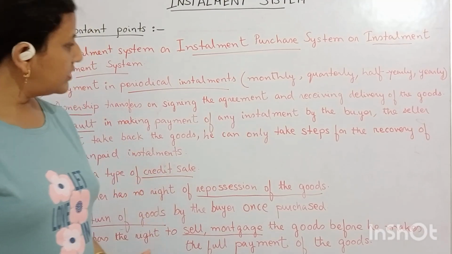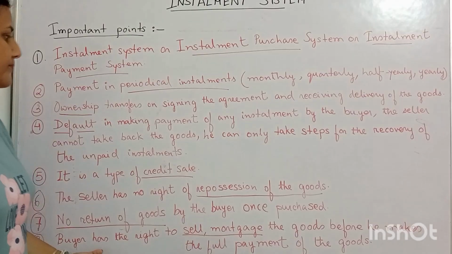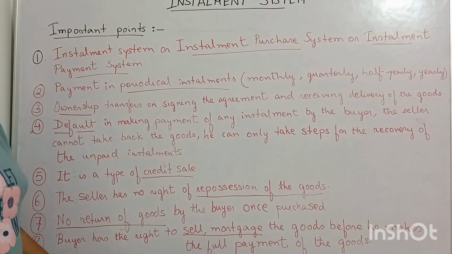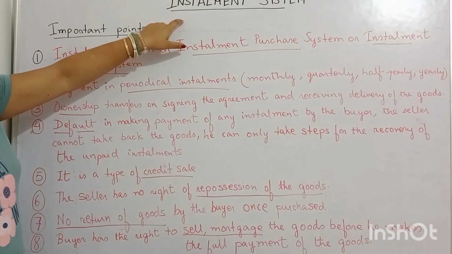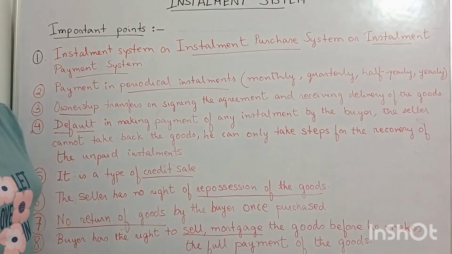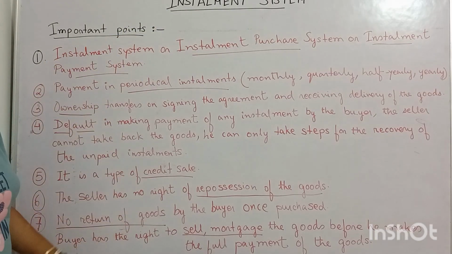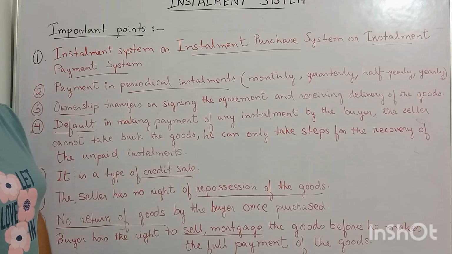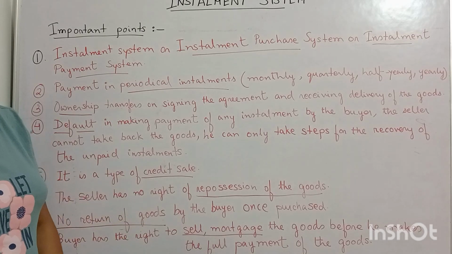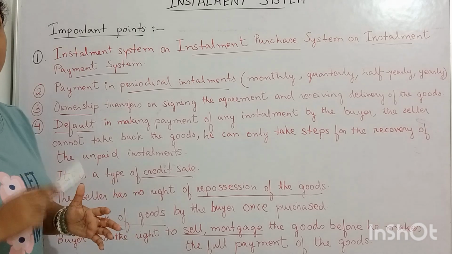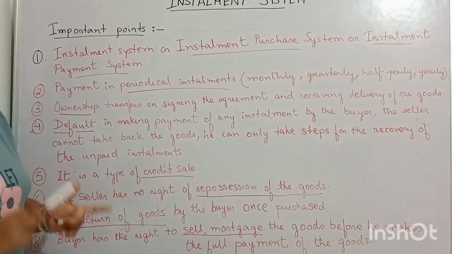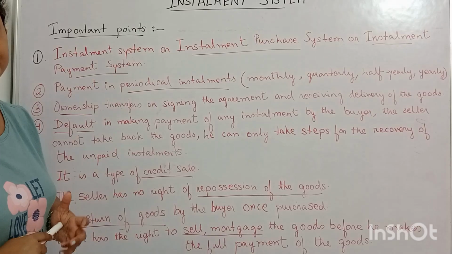So these are the few points you have to remember in order to read the chapter installment system. Very important points. Then we will go for sums. There are some distinctions, like distinction between hire purchase system and installment system, distinction between installment system and credit sale.